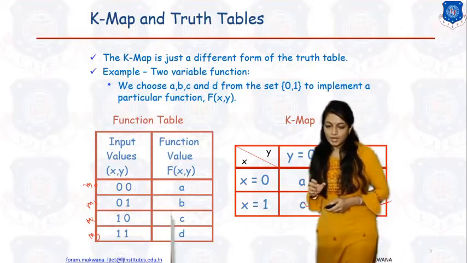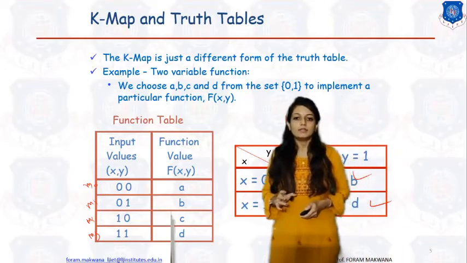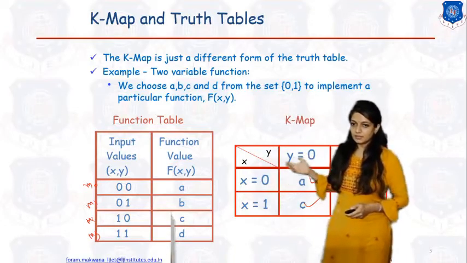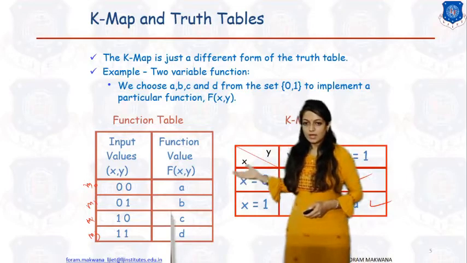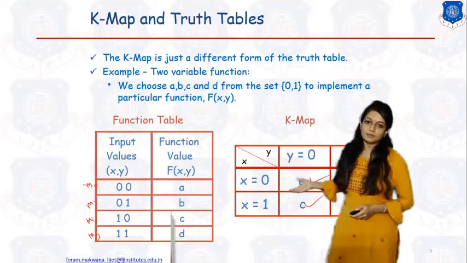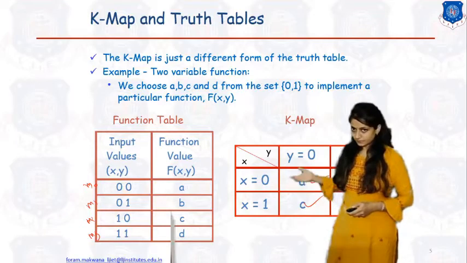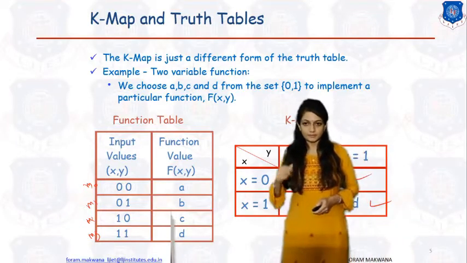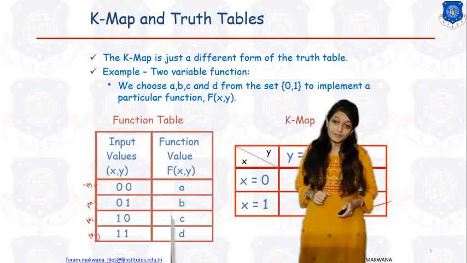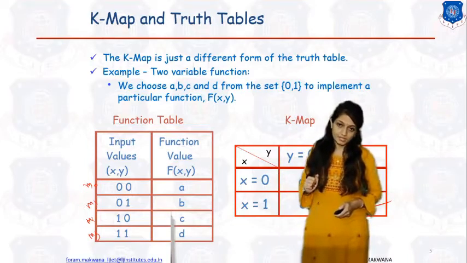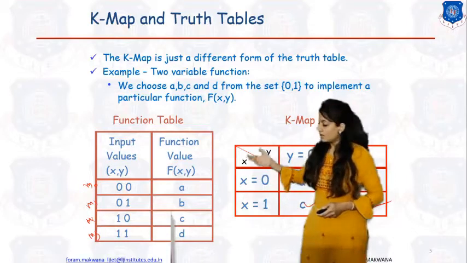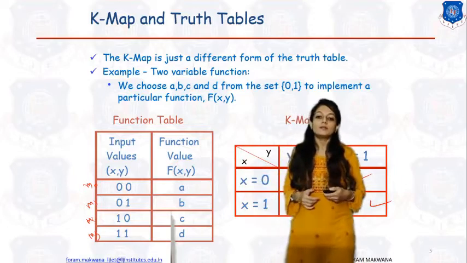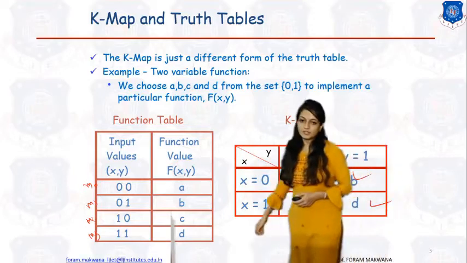Now, how are we going to place the function values, if the function value is given, how to place it in the 2 variable K-map. The K-map is just a different form of the truth table. If we have a 2 variable function and we assign function values like a, b, c and d, where do we need to place them?